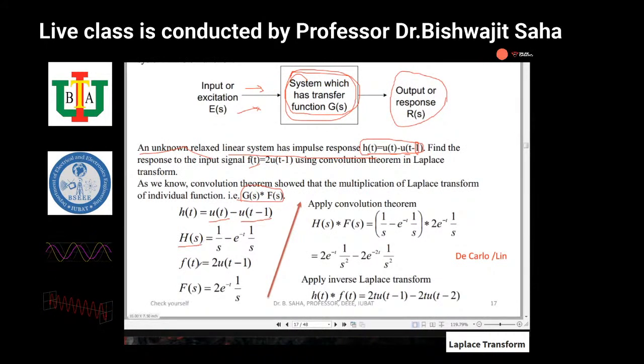And f of t is 2u of t minus 1. If we convert into the Laplace domain, then capital F of s equals 2 e to the power minus s times 1 over s. Here is the shift function, so we need to convert it into the Laplace domain by applying the shift theorem.